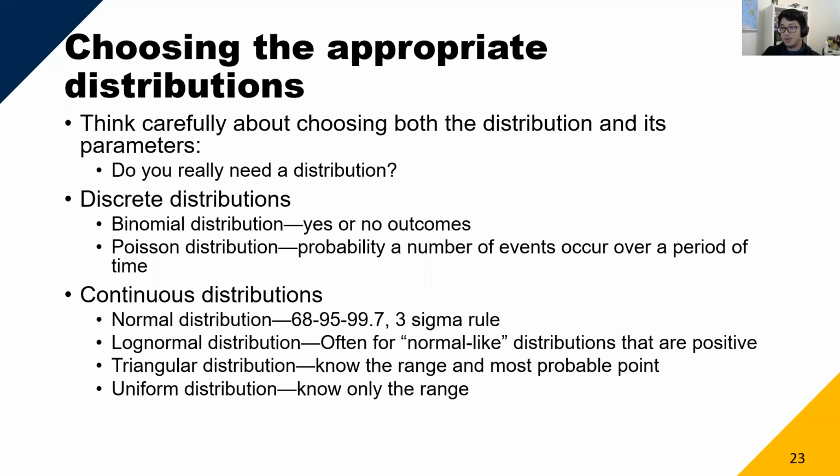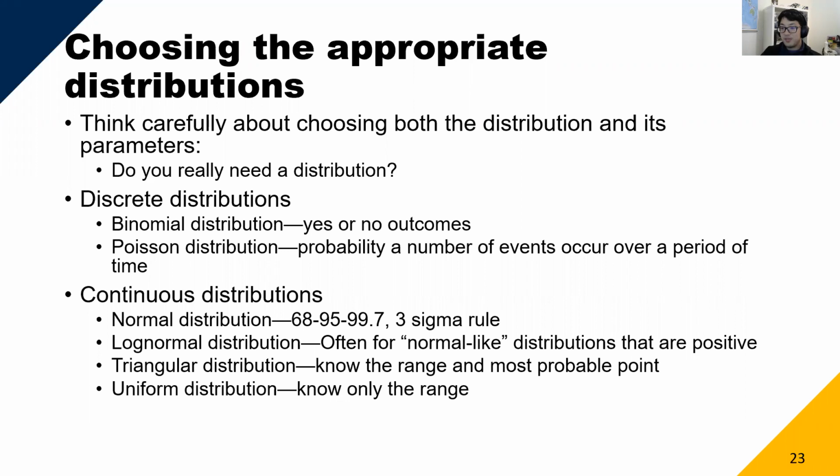Oftentimes people would use a Poisson distribution to represent the probability that an earthquake would happen in any particular year, right? The probability could be really small, but over a period of like 100 years, in some places, you can get a fairly accurate number of times that a particular event would occur.